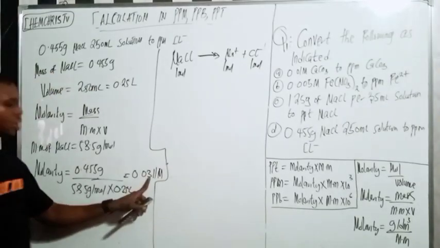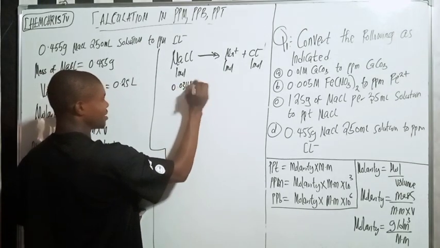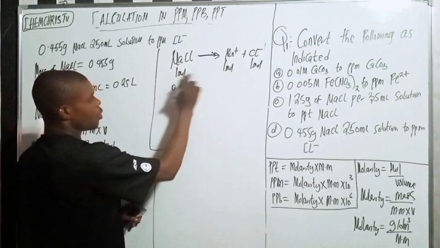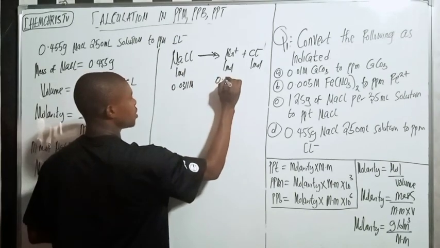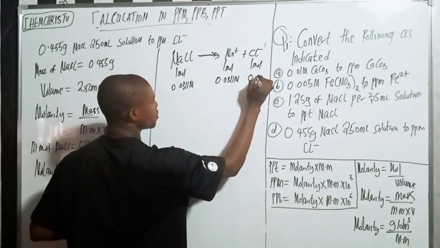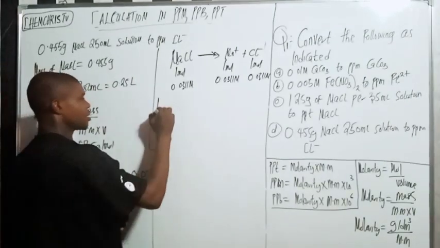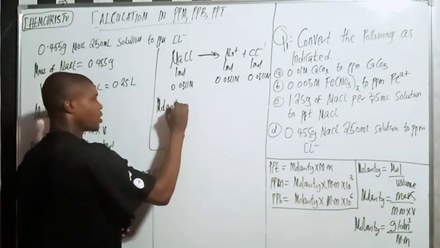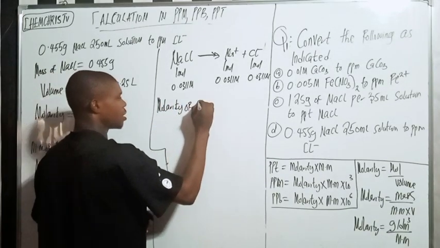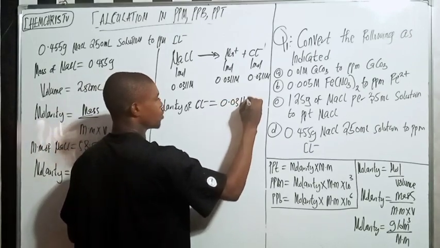So the molarity of the solution is 0.0311 molarity. Same to each other here because they are 1 mole. So there we have 0.0311 molarity. That is the molarity of Cl minus, 0.0311 molarity, right?